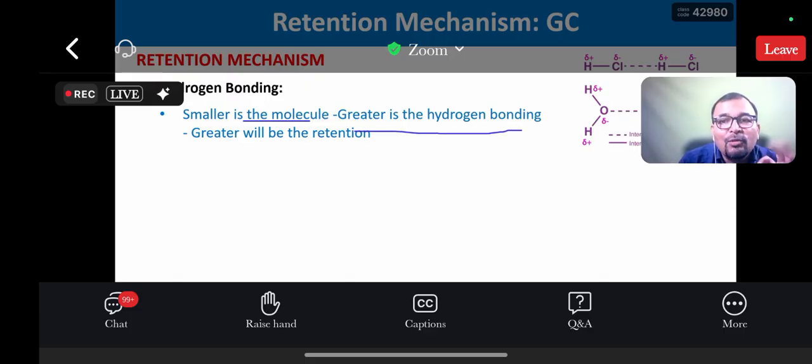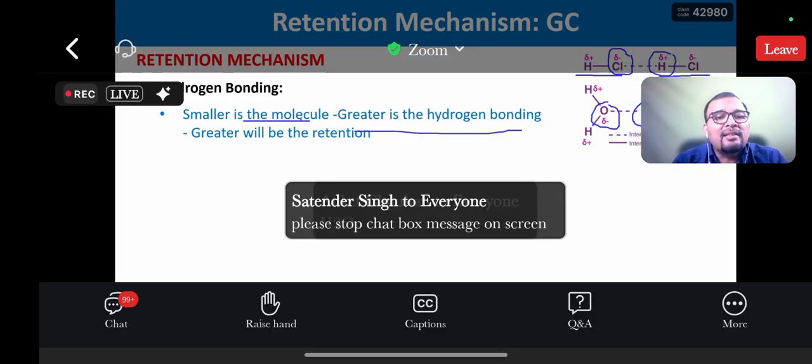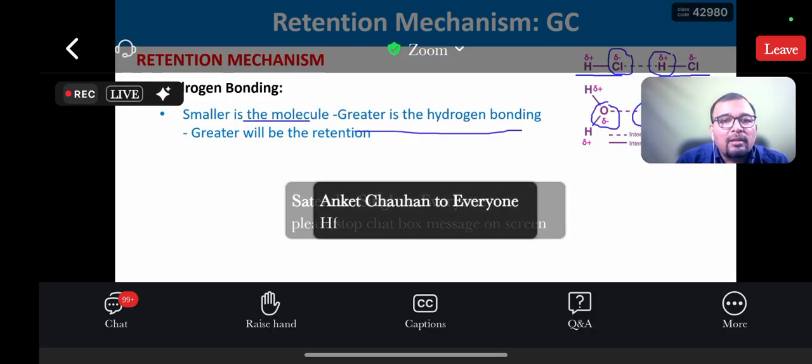Now you can see examples of hydrogen bonding over here: hydrochloric acid and hydrochloric acid, with a minus delta charge and a plus delta charge. Water molecule and water molecule. Greater hydrogen bonding means greater retention.